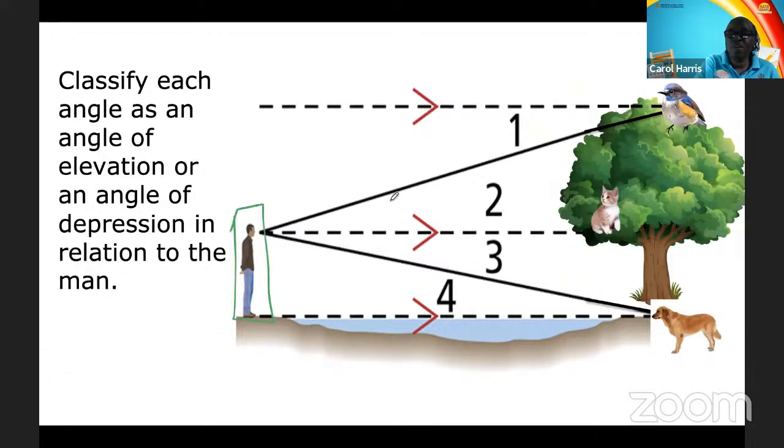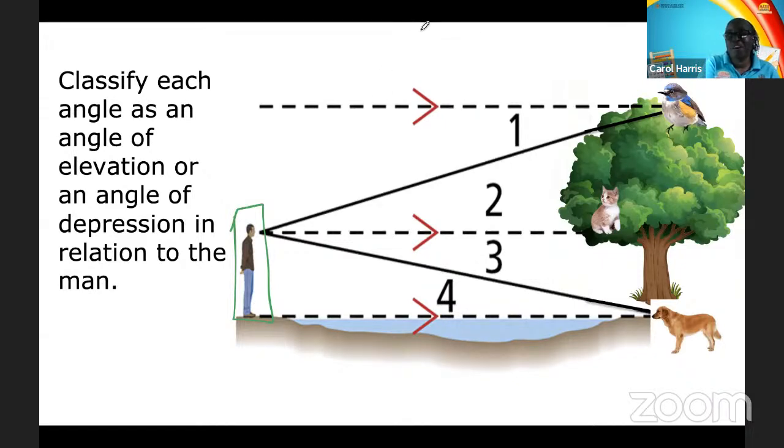Okay, so for the man, is the man looking down at the bird? Okay, so angle 1 for the man. So the bird is looking down at the man.